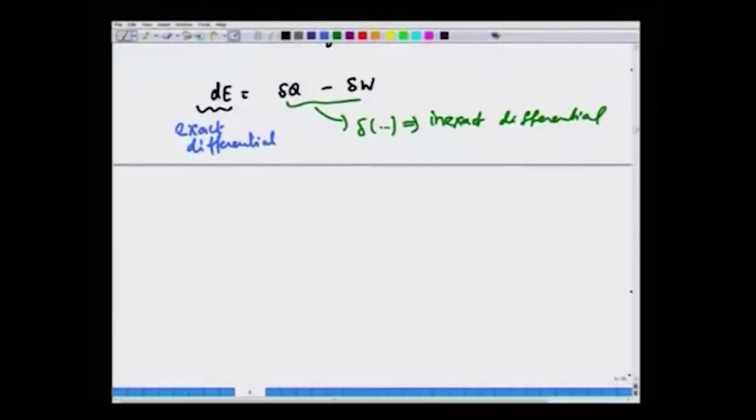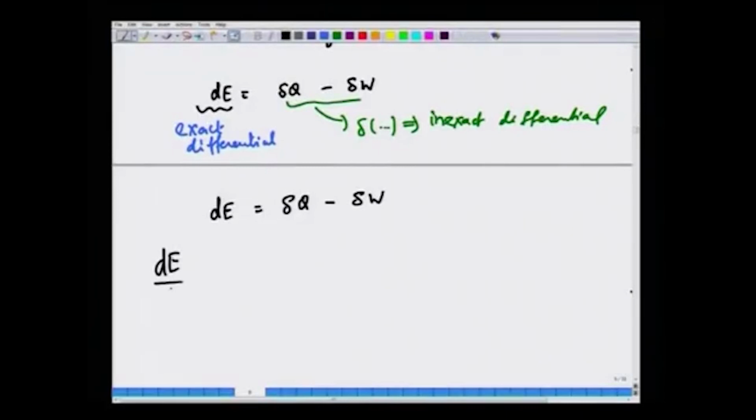We will rather proceed to generalize this first law, which we initially wrote for a finite amount of heat or work that is transferred to or from the system, and we related that to energy changes in the system. But in fluid mechanics, we do not look at systems where you have a finite amount of heat transferred and then you take out work in one shot.